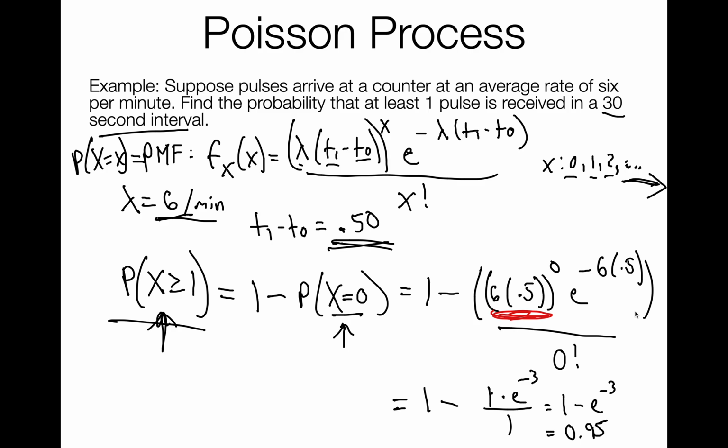Yes, so e to the negative 3rd power is 0.0497. And so we just round that to 0.05. So 1 minus 0.05 is 0.95. So there's a 95% chance that you see at least one pulse during a 30-second time interval.